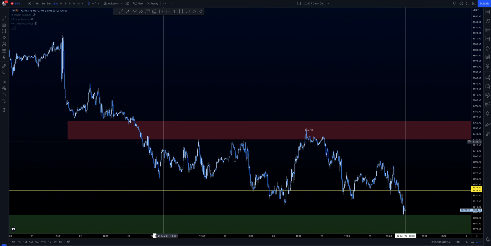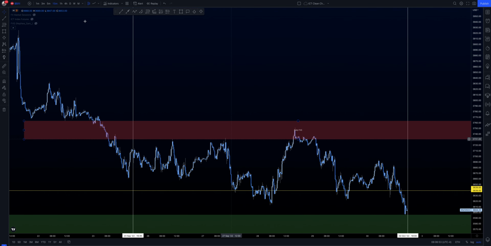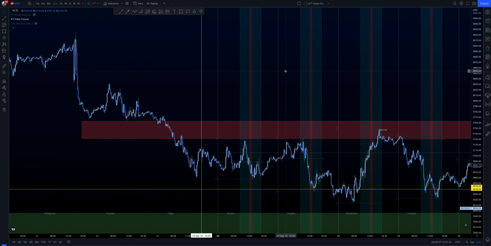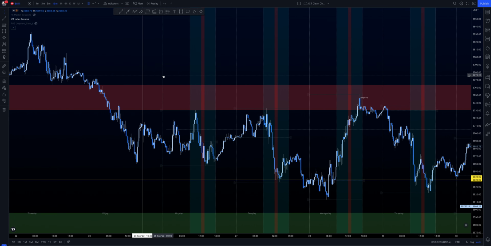So as it is here, we can't really make sense of it. We just haven't got any perspective on time. So I use this indicator here, and this line is the New York midnight open time. This horizontal line here is the New York midnight open price.